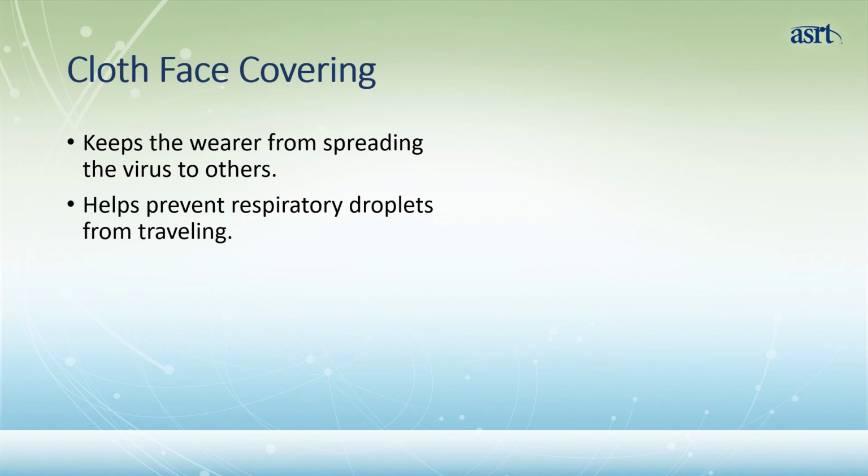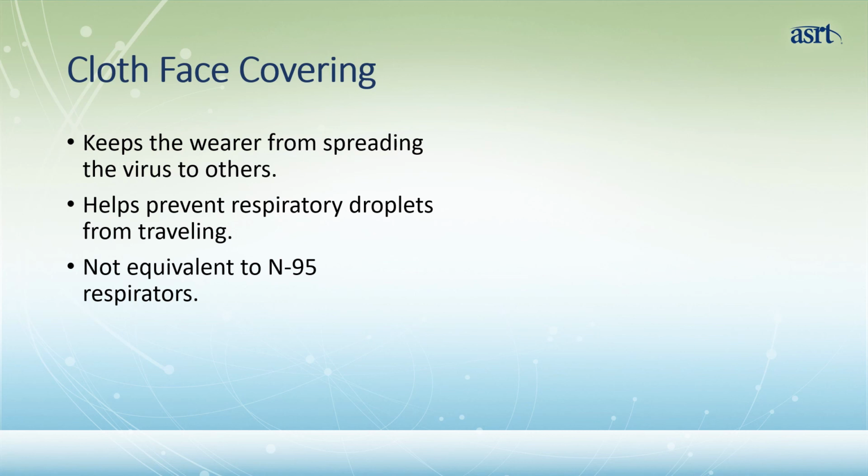The cloth face coverings recommended by the CDC are not surgical masks or N95 respirators. Those are critical supplies that must continue to be reserved for healthcare workers and other medical first responders in high-risk work environments. To get the most protection from a cloth face mask, it must be used correctly.